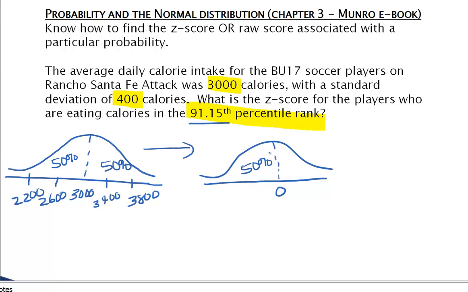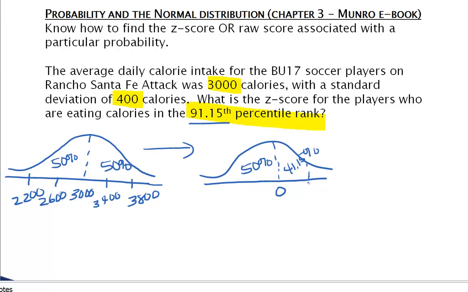Now, we only want to go to the 91.15th percentile rank. So I can subtract my 50% from 91.15, and when I do that, I come up with 41.15%.